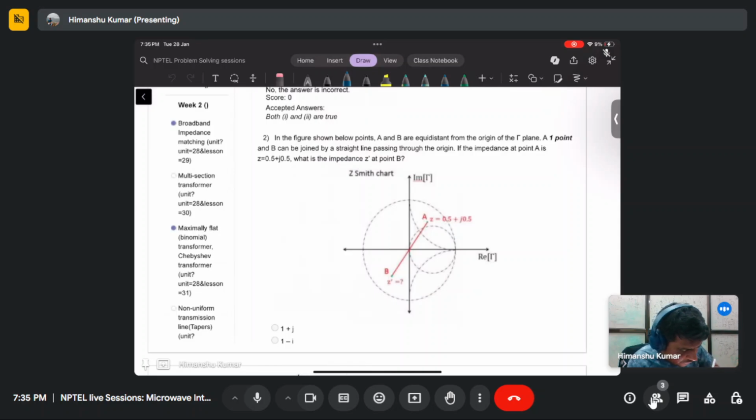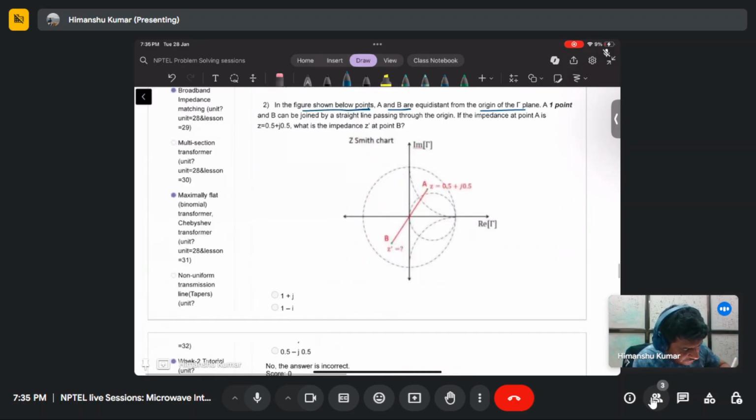In the figure shown below, points A and B are equidistant from the origin of the gamma plane. These are the gamma circle, or VSWR circle, you can say.